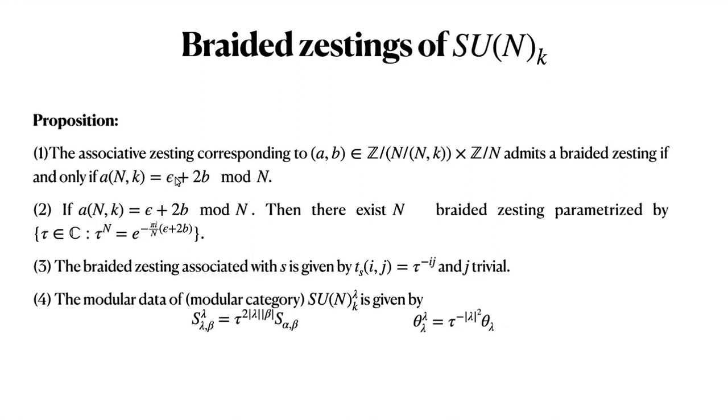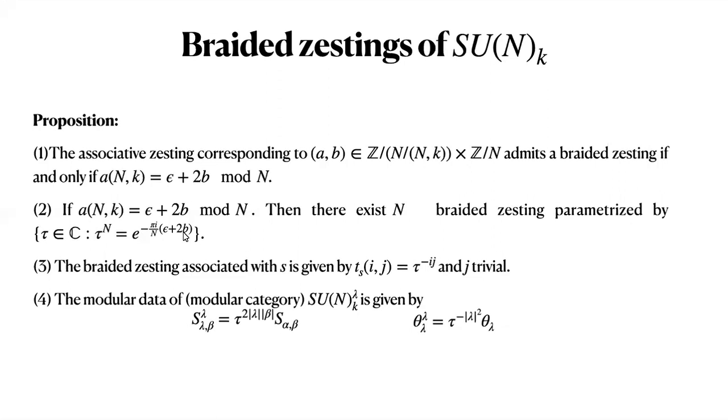And now if the obstruction vanishes, so if this equality holds, then there exist n different braided twistings associated with this fixed associative twisting, parameterized by complex numbers tau that satisfy that tau to the n is exactly this number.